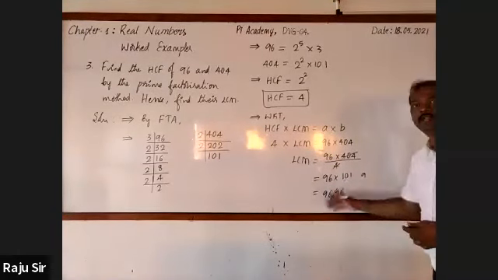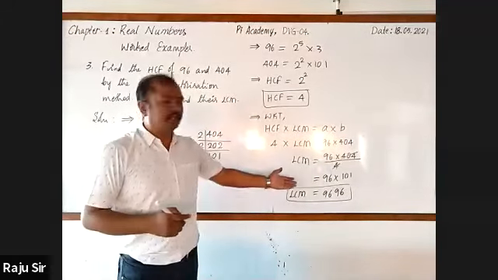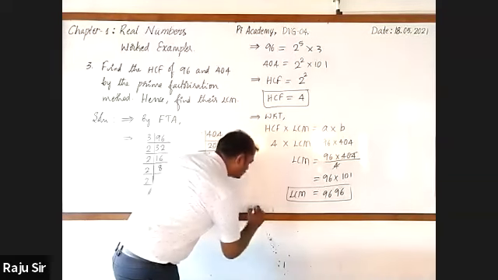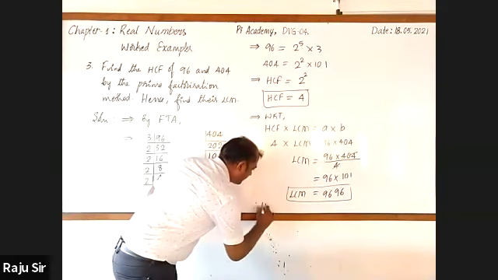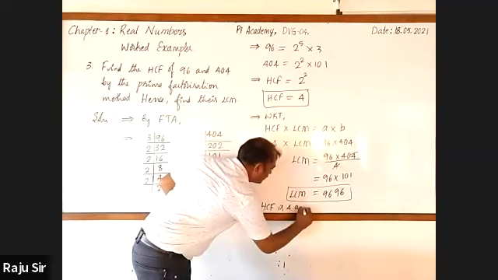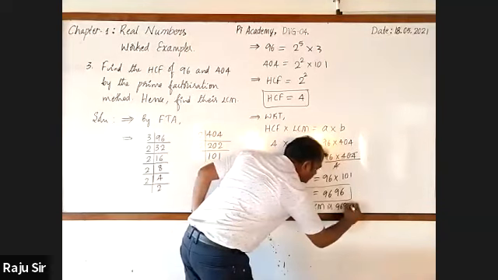So it is 9,696. Very good. Got it? So finally you may write the conclusion: therefore HCF is 4 and LCM is 9696.